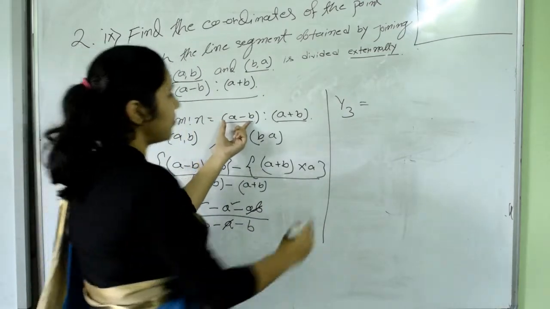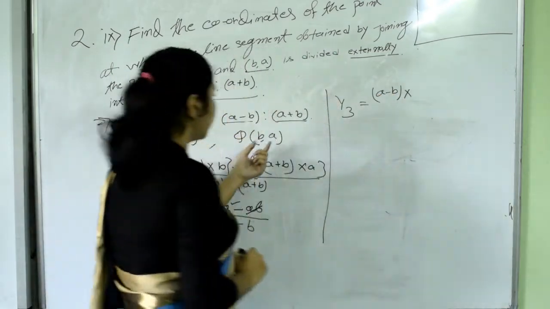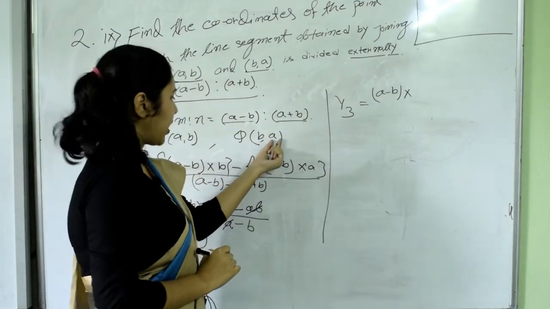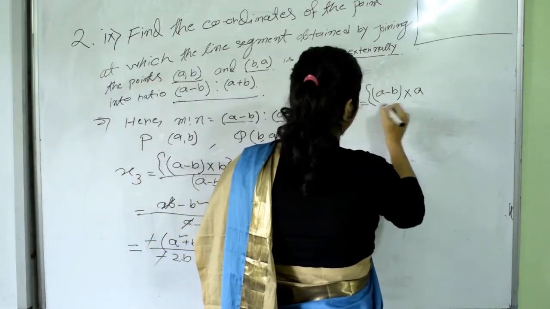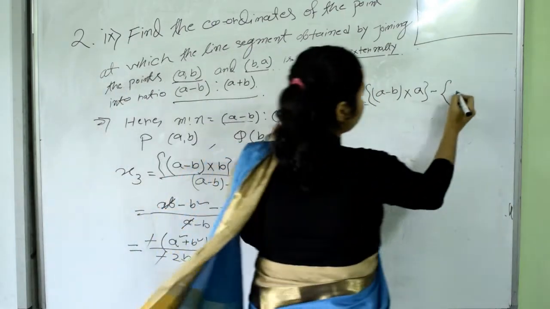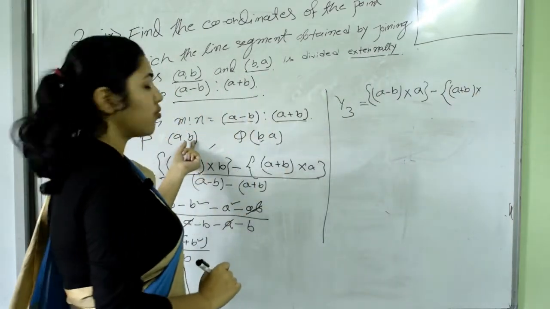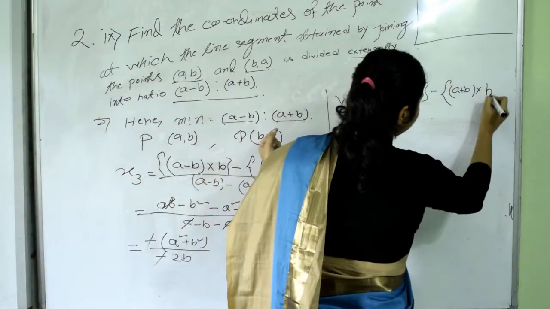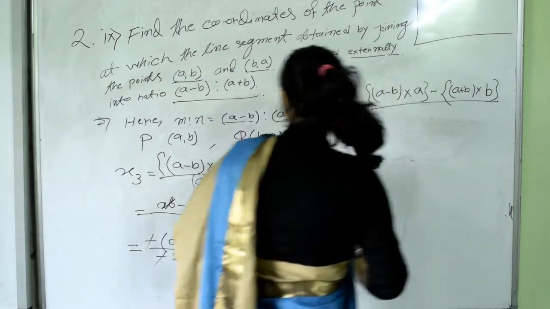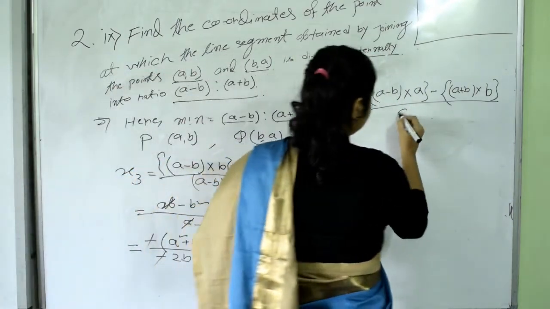Again m, which is (a minus b), into y2, which is a, minus n, (a plus b), into y1, which is b, by again m minus n, which means (a minus b) minus (a plus b).